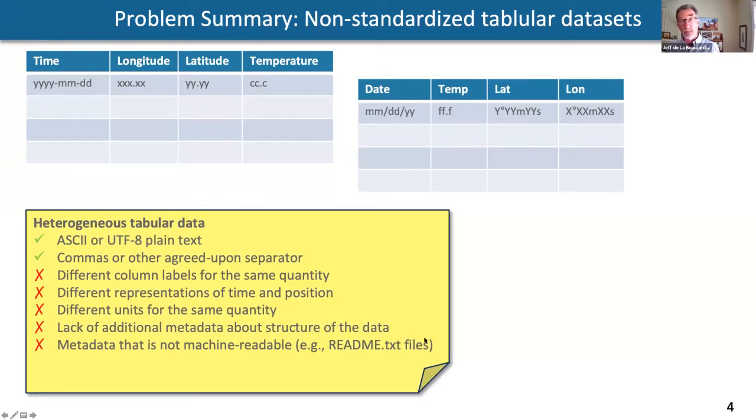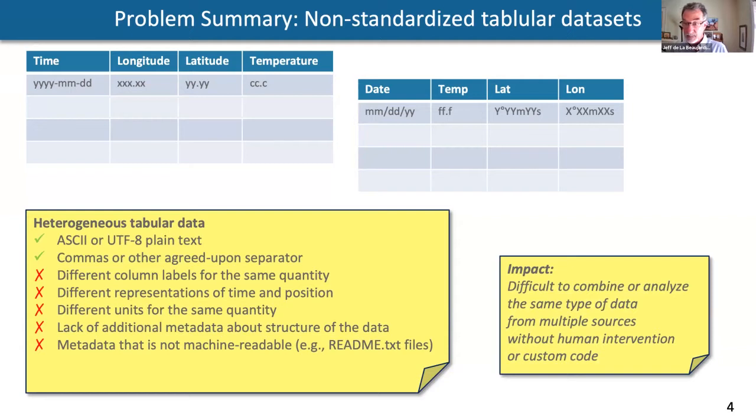There could be a machine readable ISO metadata record, but that doesn't normally say exactly what my column names are, the order of the columns, et cetera. So there are some interoperability issues here. The impact is it's difficult to combine or analyze the same type of data from multiple sources without human intervention or some kind of custom code that reads each one.